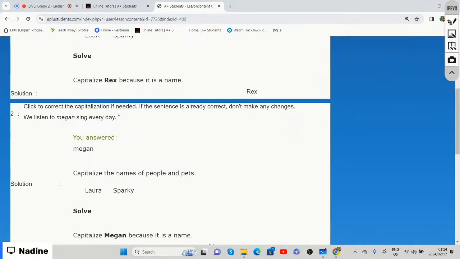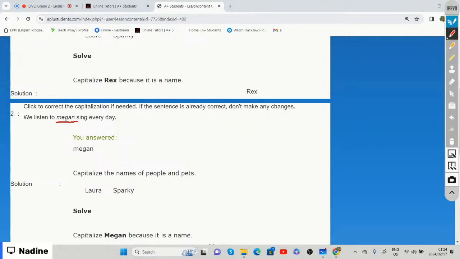We listen to Megan sing every day. And here we have our word Megan. Look at Megan. Do you think that is correct? Because Megan is written with lower case. So we listen to Megan sing every day. Megan is the name of a person. Should Megan's name be written with lower case?